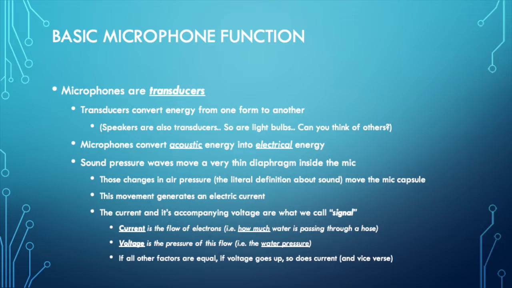So those waves hit the diaphragm of the microphone, and it moves. It's imperceptible to the human eye. It's moving so slightly, but it's movement enough to generate an electric current.